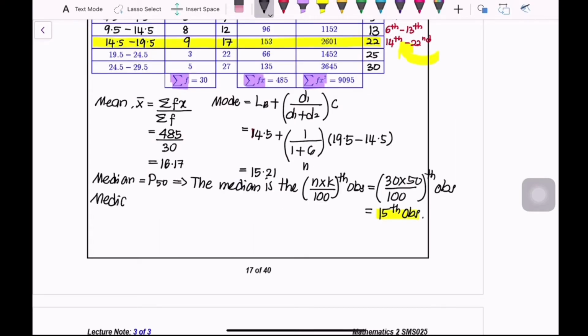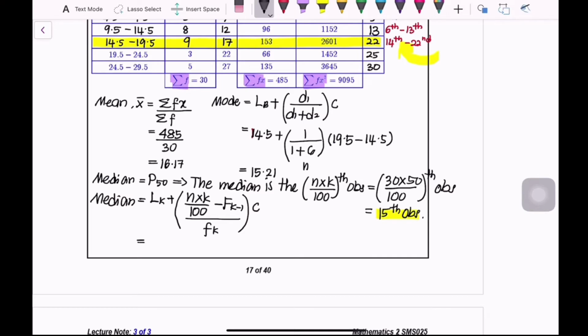Median formula is Lk plus (n times k over 100 minus f(k-1)) over f(k) times c.